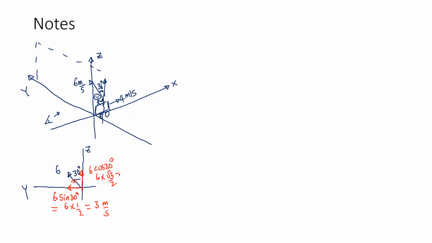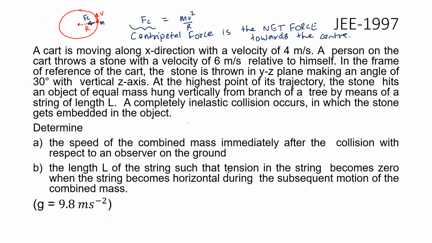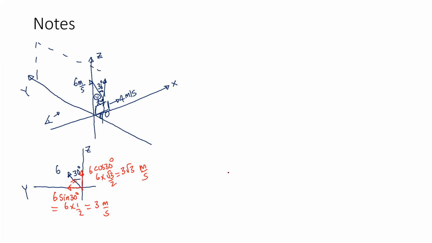So we get this as 3 root 3 meter per second. Now this particle, what is he saying? The question is a stone. Yeah, stone. Now this stone will have the x velocity as 4 meter per second, y velocity as 3 meter per second, and z velocity as 3 root 3 meter per second.